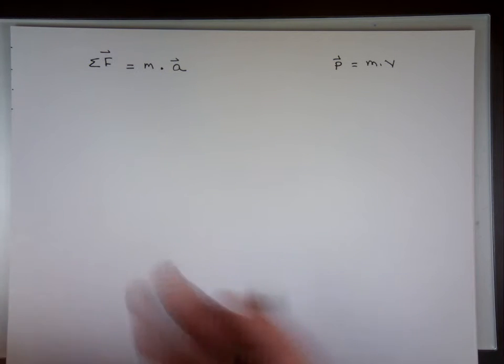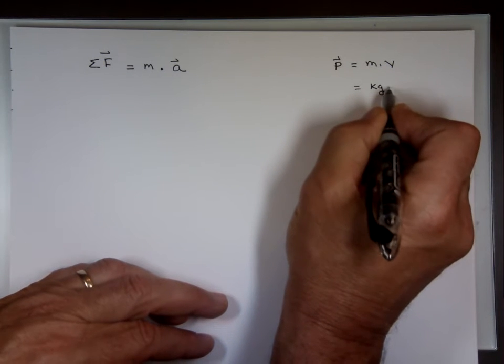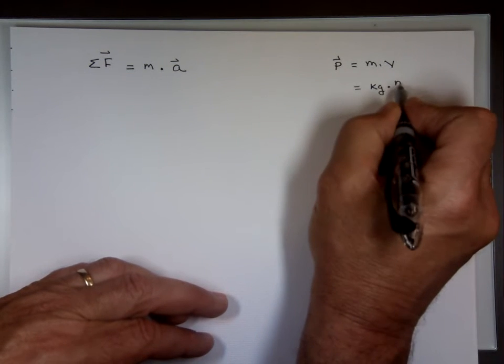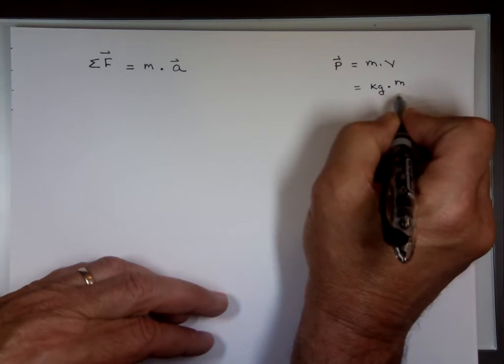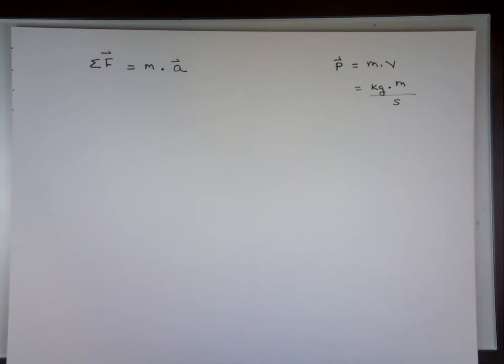Mass is what? Kilogram. Velocity is what? Meter per what? Second. Kilogram times meter per second.